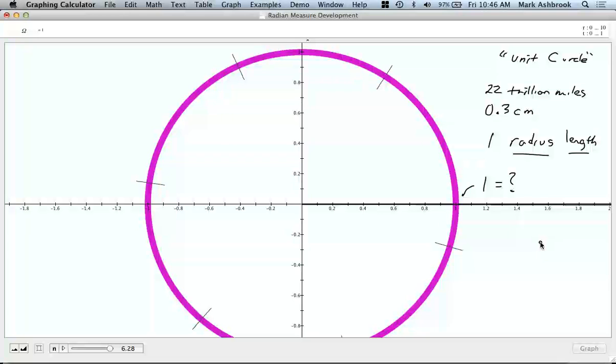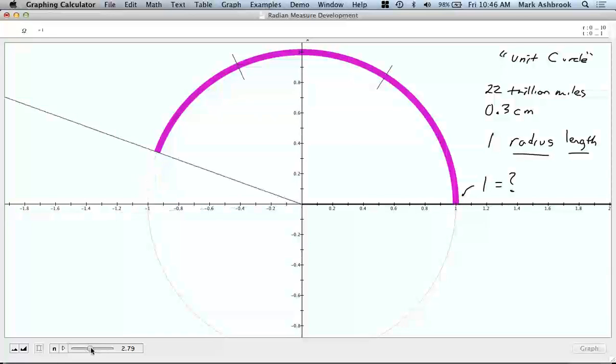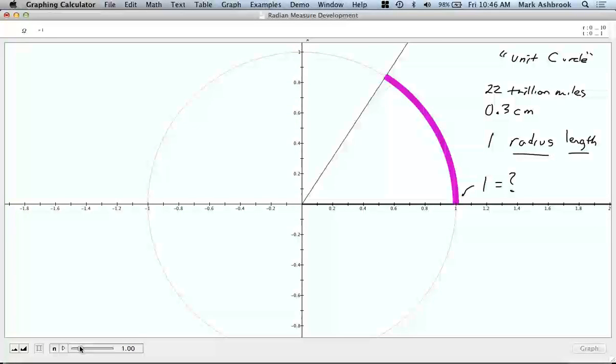Okay? So then what about sine and cosine? So if I have some angle, here's the angle of 1.3. There's an angle of 1.3 radians, which means 1.3 radius lengths, whether that's in a circle of radius 0.3 centimeters or a circle of radius 22 trillion miles.